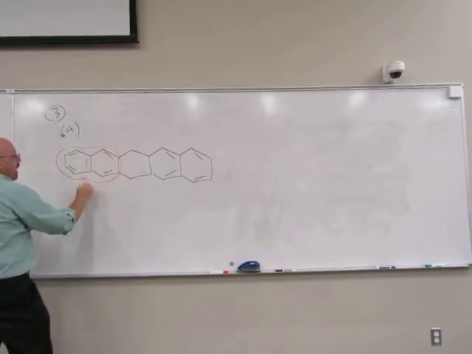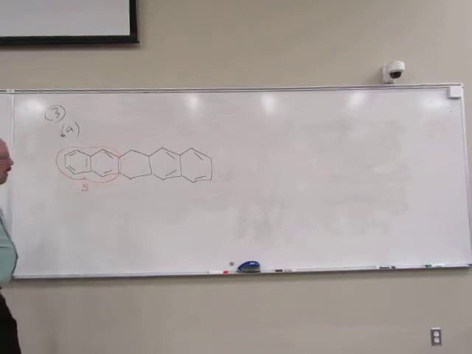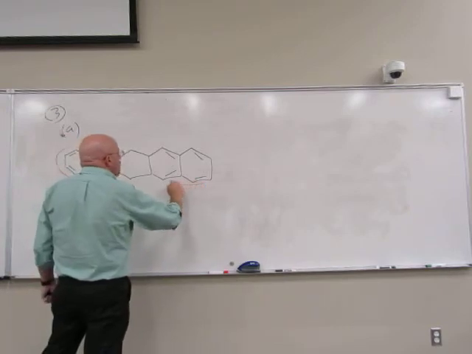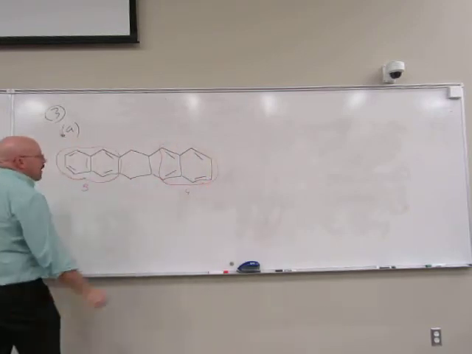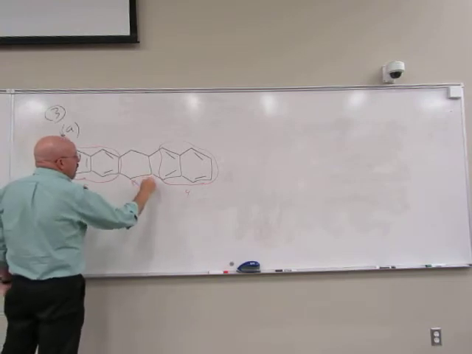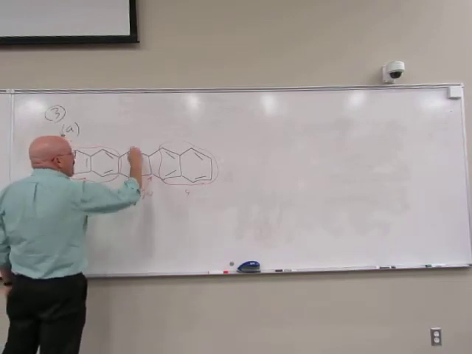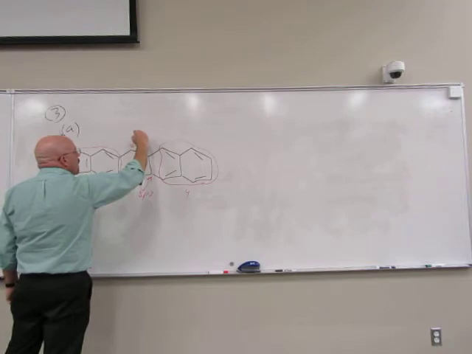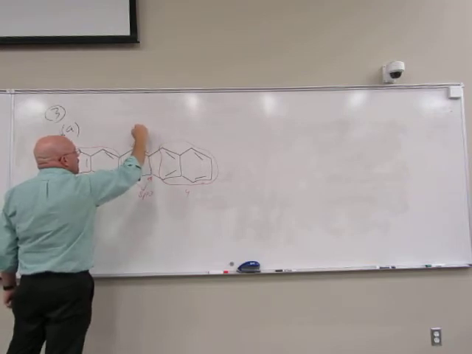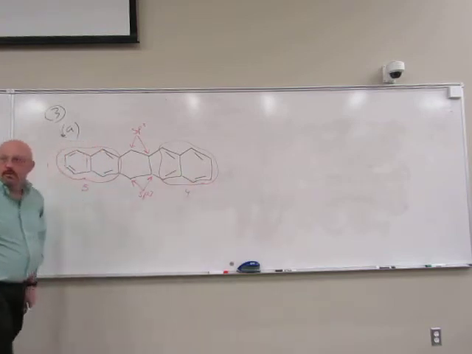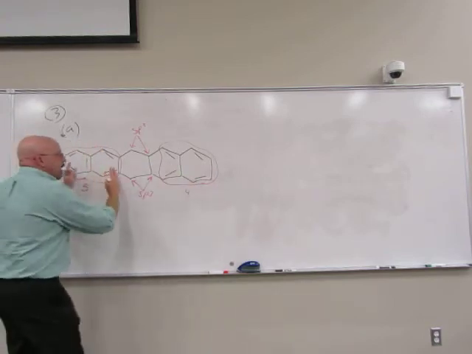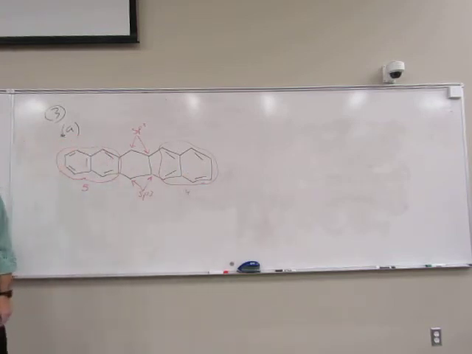So I've got 5 here. Over here we have 4 that are conjugated. But we have sp3 carbons that are acting as roadblocks. So these are isolated from these. These act independent from these. So the most conjugation that we have is 5 double bonds in that structure.